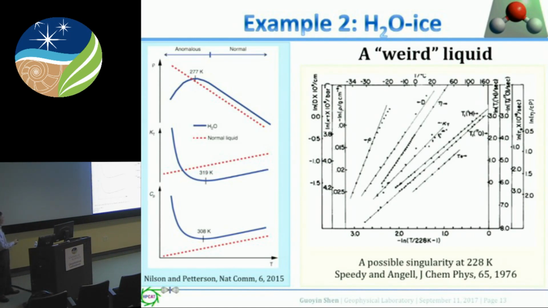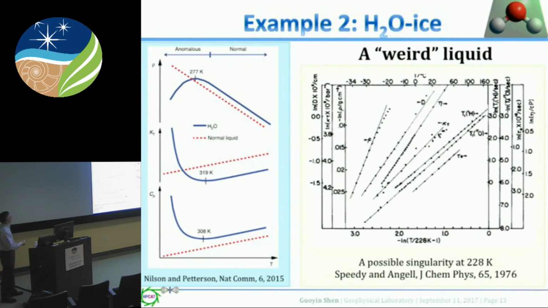When we cool further down to a supercooled region, the anomalous behavior is even more profound. There are a number of properties like liquid density, diffusivity, viscosity, and others.